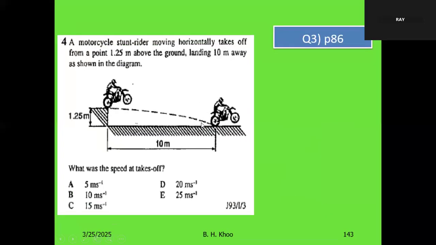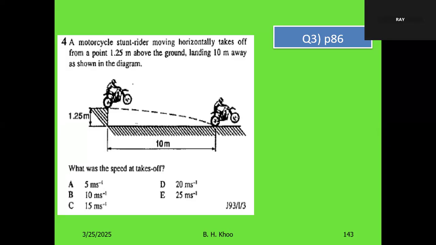How about this one? This horizontal motion, horizontal velocity that you want to find. A motorcycle stunt rider moving horizontally takes off from a point 1.2 meter above the ground, landing at 10 meter away as shown in the diagram.